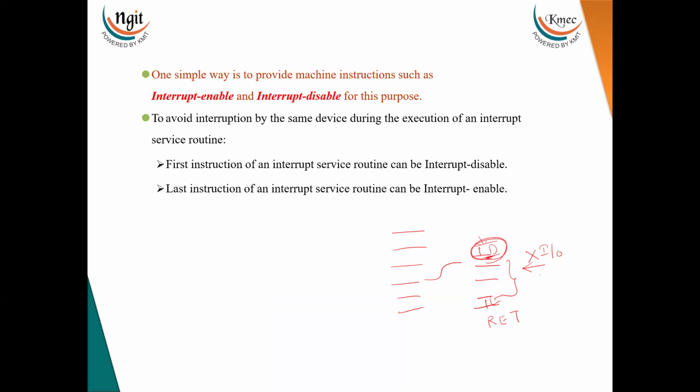Now, whenever it is coming back to the main program, at that time the interrupt is enabled again, so that if any IO devices are asking for interrupt service, then the microprocessor will accept that interrupt. Like this, by writing the interrupt disable and interrupt enable instructions within the ISR, we can control the interrupts.